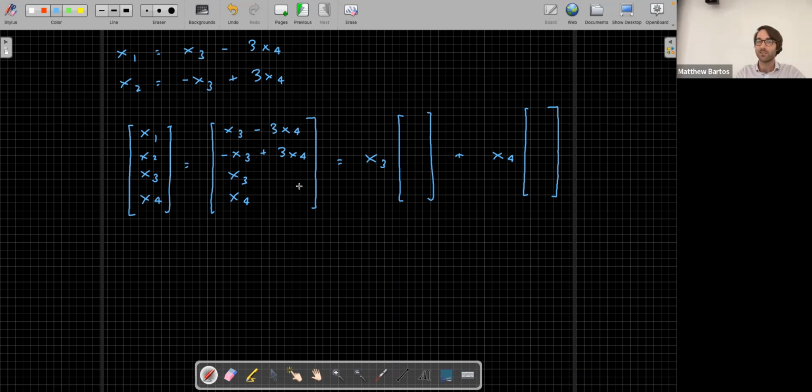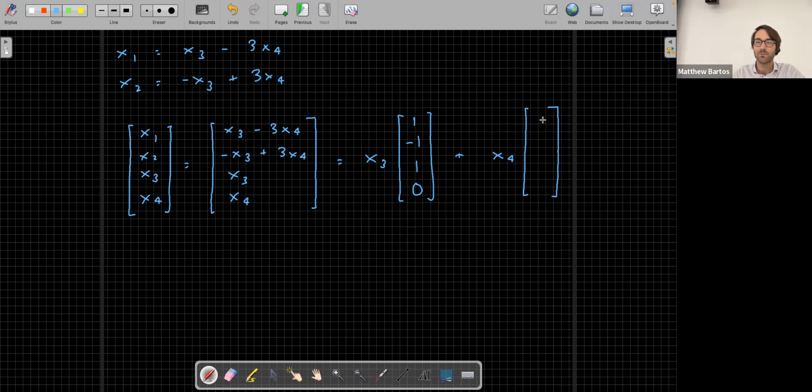To satisfy the system of equations, what does this vector here have to be? It will be 1, -1, 1, 0. We can see that if we look at this vector, we have x3, -x3, x3, so the first three elements will be 1, -1, 1.